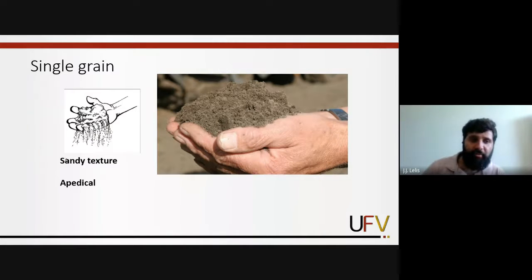It's very common to identify this kind of structure in sandy materials, when you have a lot of sand, and sand is not a good material for ped formation because the specific surface of sand is not high, actually it's very low, and doesn't help the formation of peds, the cementation and flocculation of particles.